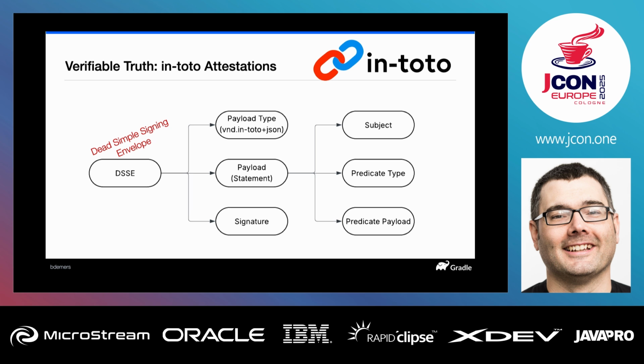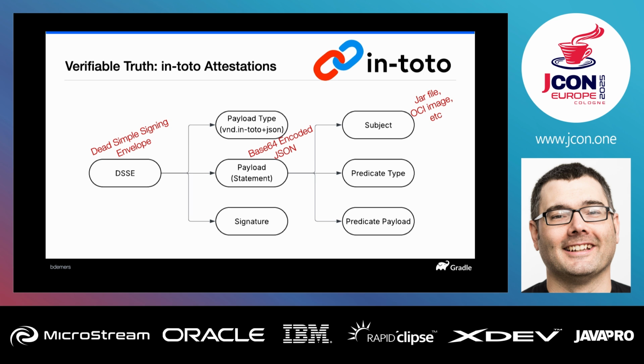Anyone ever heard of this? One person? Yeah. It's essentially like a JWT-like structure. It's JSON with base64 encoded data that then gets signed. The signature is in the JSON, and that way you can verify the payload. Inside that payload is another JSON body that's, again, base64 encoded.